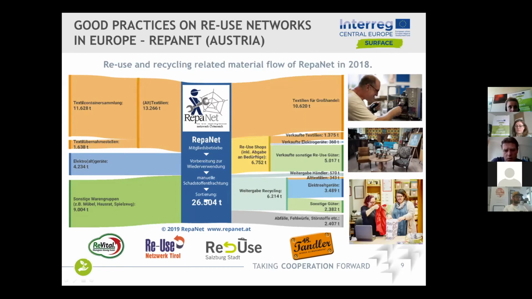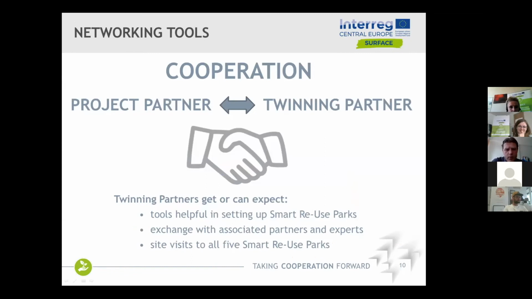They have also got their own logo for the refurbished items, especially electric ones, the Revita, and they have organized regional networks like Reuse Network Tyrol, Salzburg, and in Vienna, the Tandler. So thank you very much. Now I give the floor to Agnieszka to continue this presentation.